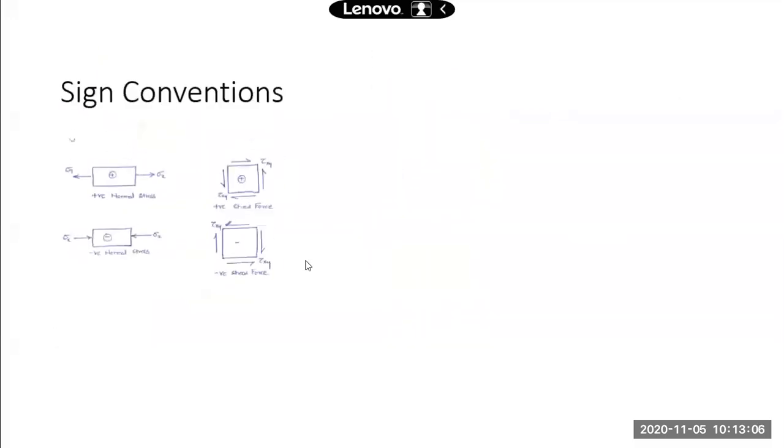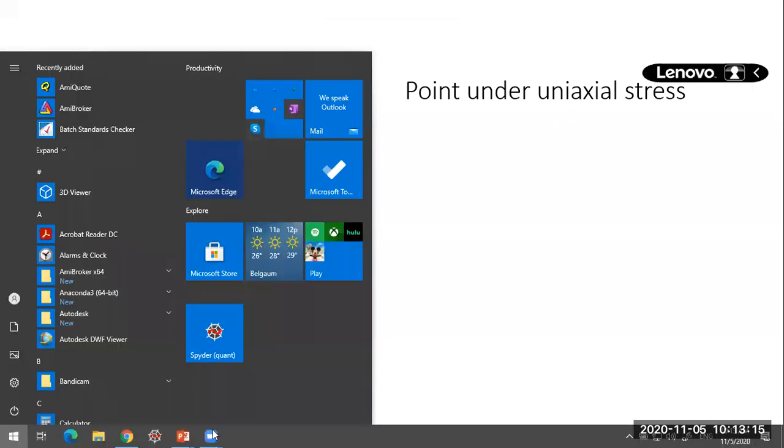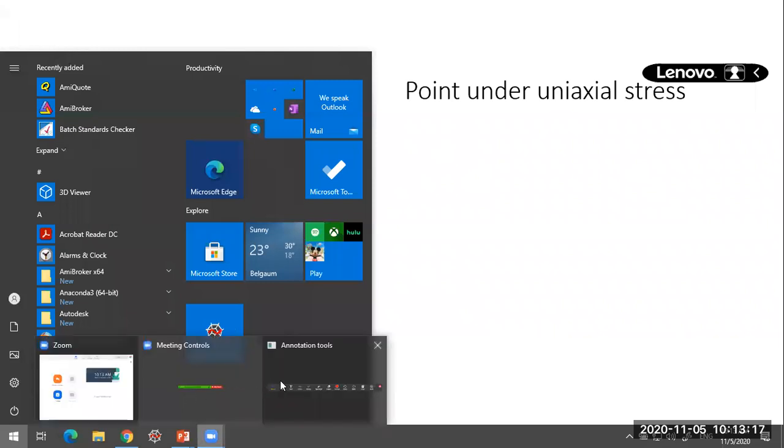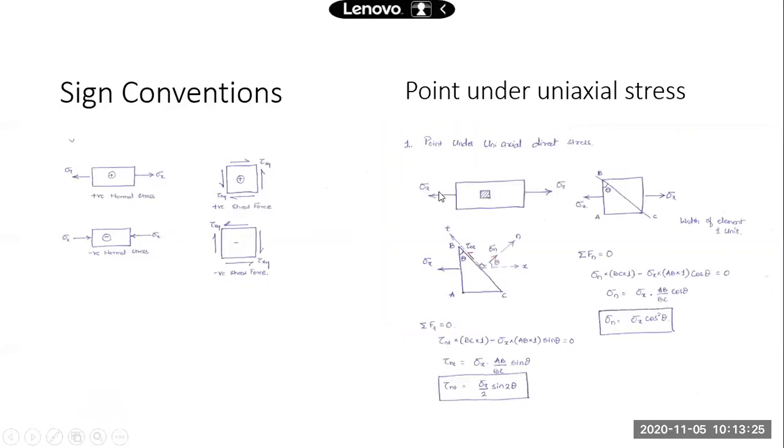The first case we'll take up is the state of uniaxial stress. It means something like this: a single stress acting on our element. In case of direct tension, you will come across such a state of uniaxial stress.